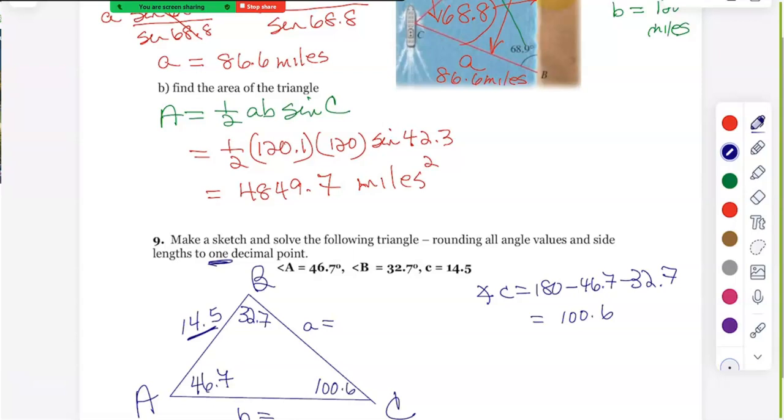So let's set up our partnership. The partnership exists between the sine of 100.6 and the side length of 14.5. I'm going to find side A first. So take my angle A, which is 46.7, and put it over side A. Do your cross products. I'm going to write it all out for you.